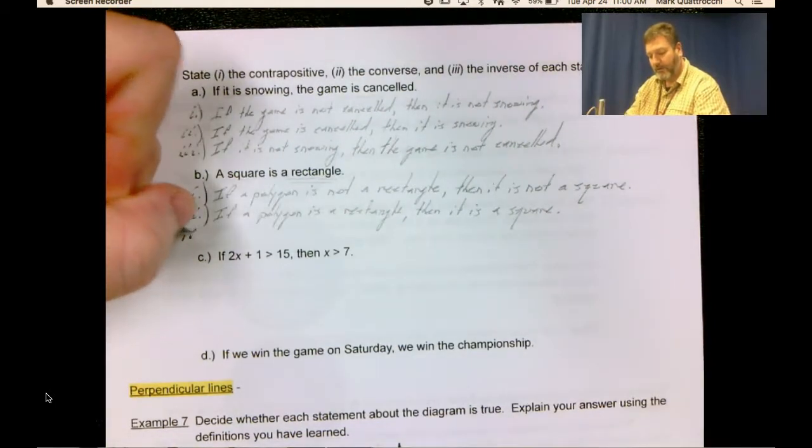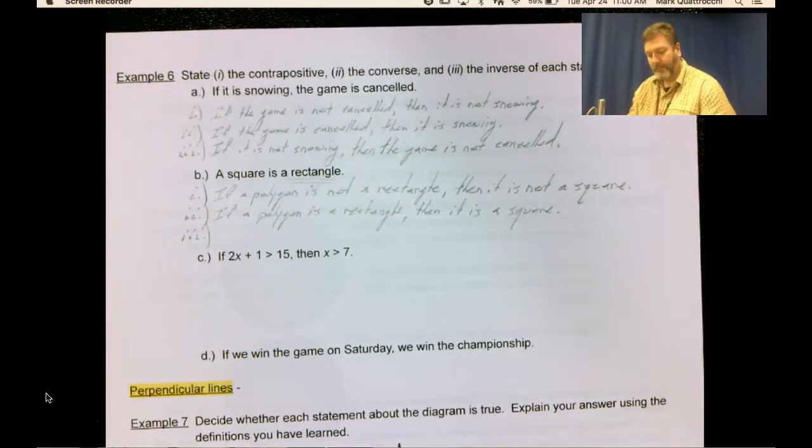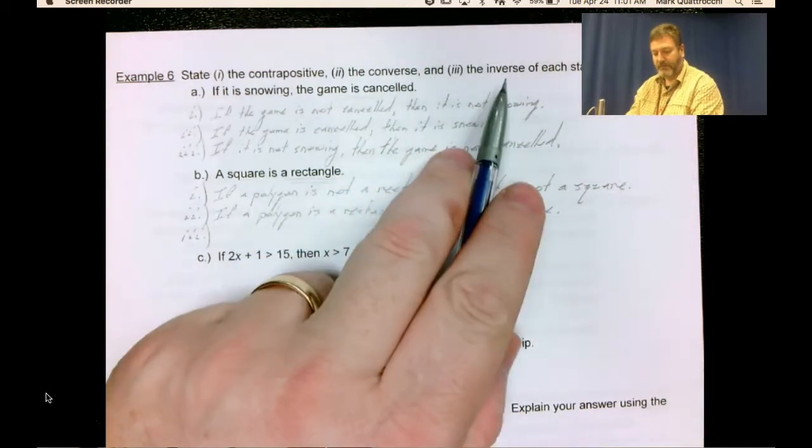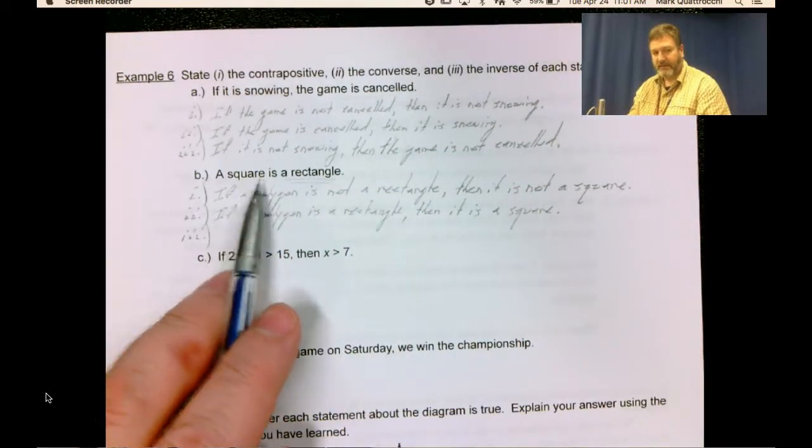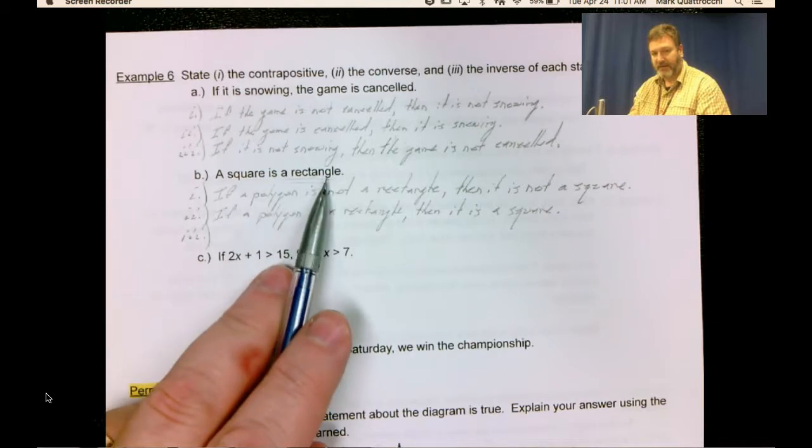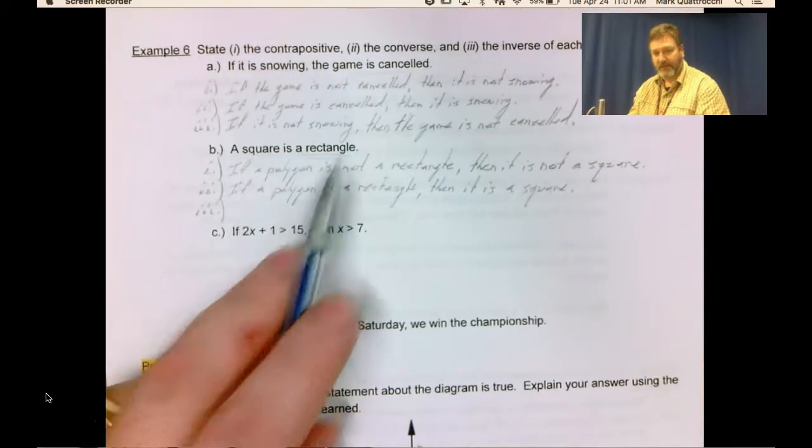Roman numeral 3. Inverse, which negates the hypothesis and negates the conclusion, but doesn't switch anything.